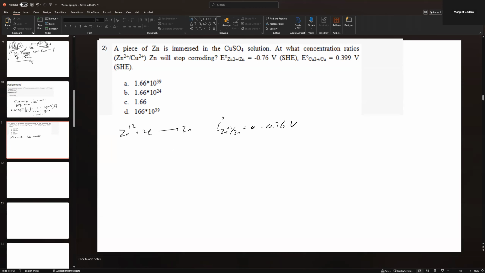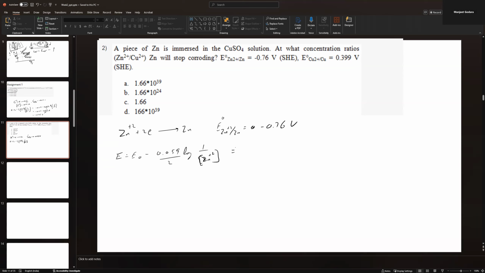Okay, let's write the Nernst equation for this. E is equal to E naught minus 0.059 by 2 log of 1 over the Zn2+ ion concentration.